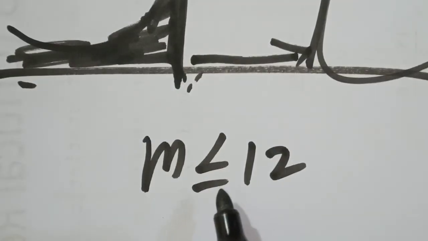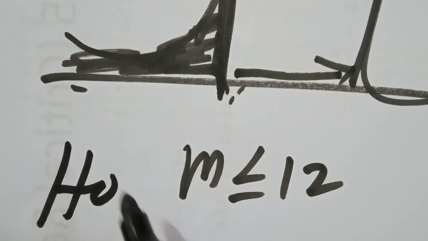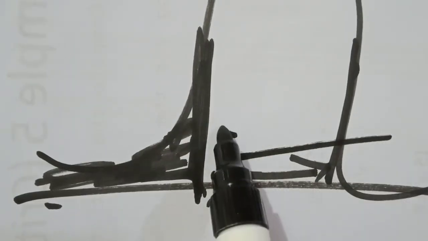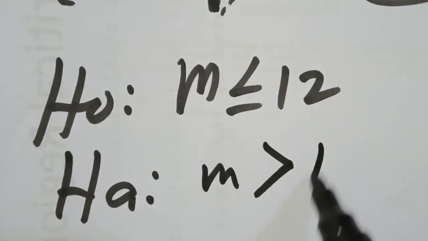So kung ito yung ating null hypothesis, okay, ang alternative hypothesis natin dito naman, ano yung symbol dapat dito? Ito yung 12, for example, greater than, okay, mu is greater than 12.